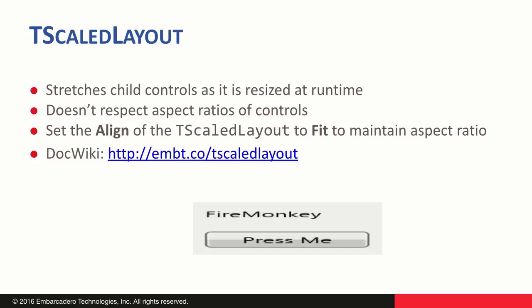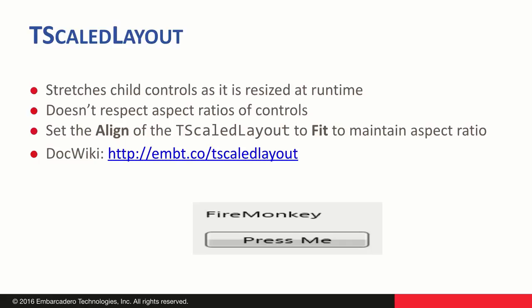So this means if you put a form down and filled it full of a TScaledLayout, and then put all your buttons and controls down, and then at runtime that form gets stretched and expanded, then it will expand so that it's always filling the entire form. So this way you don't ever have empty space on your form. It just fills everything. Your buttons get bigger, everything gets bigger, and it just scales up to fill that form.